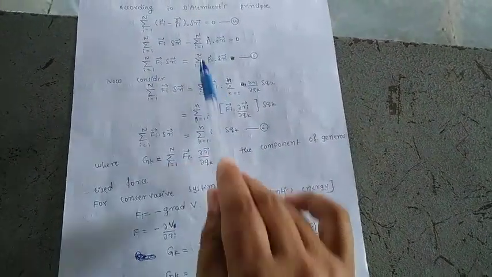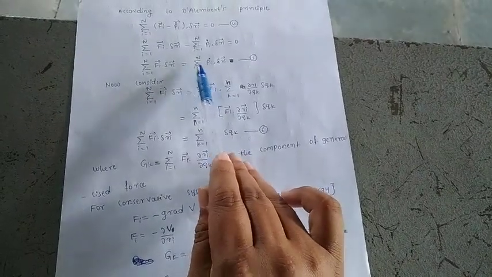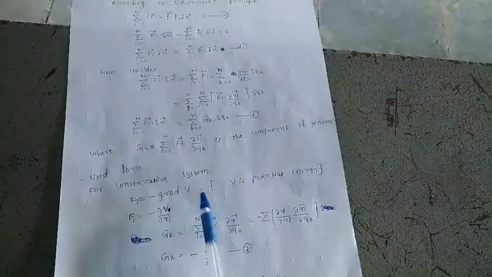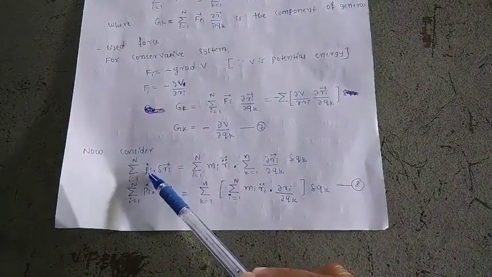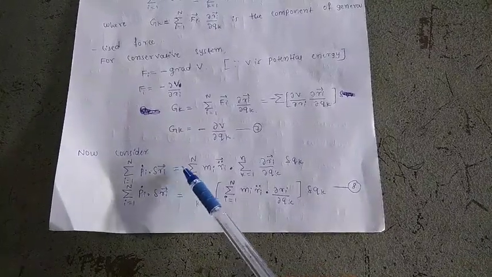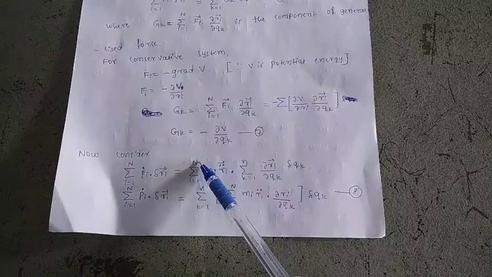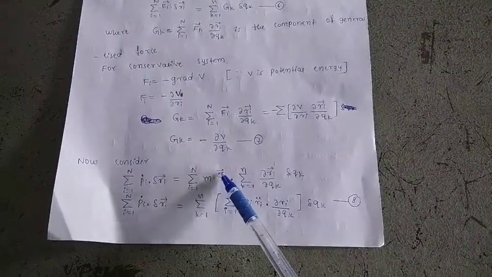Now we can derive the summation over i = 1 to n of Pi dot into delta Ri. Now consider summation over i = 1 to n of Pi dot into delta Ri, which is equal to summation over i = 1 to n of mi Ri double dot.